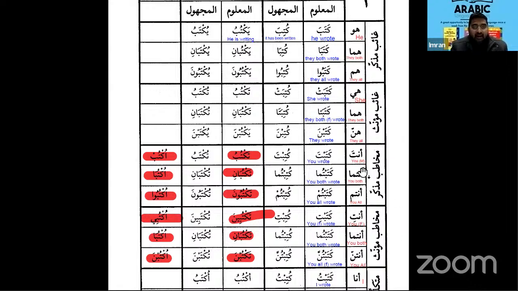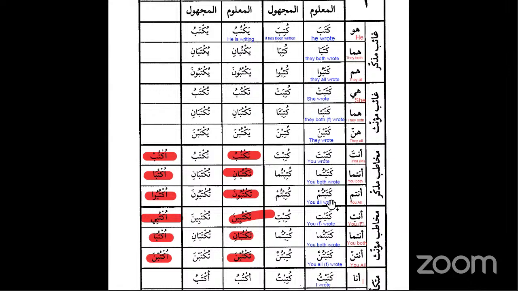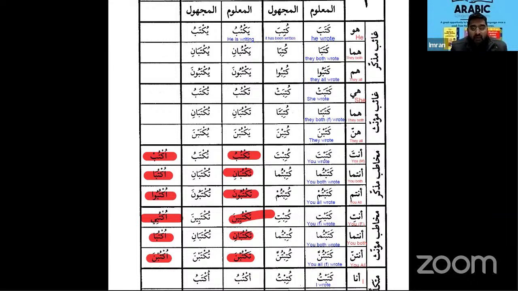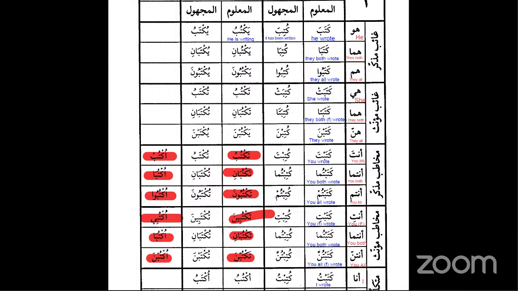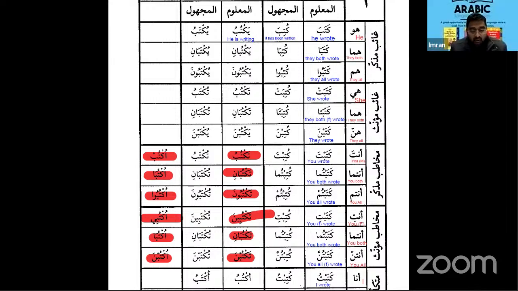Sorry, Sheikh, can I just ask? I heard you say the object takes the same harakat as the doer. Yes, but that is the Dhamma Tanween, because normally the object is Fatha Tanween, Risalatan. So in this example, Kutibat Risalatun, it gets a Dhamma Tanween.